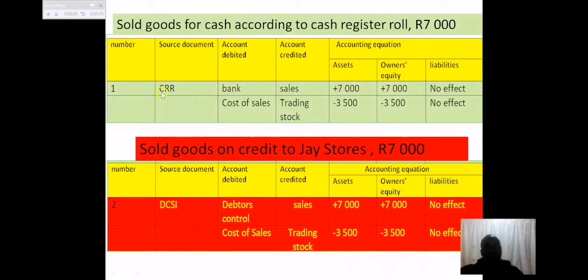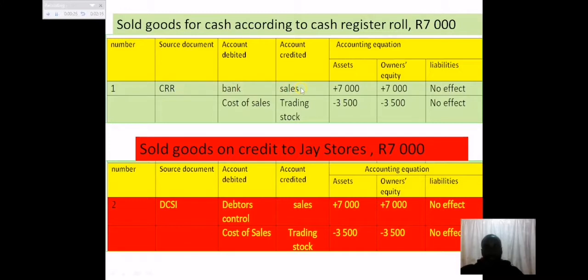Remember, the first part where we have to record is in the source document. So in the case of goods sold for cash, according to the cash register roll, that is CRR. Account debited: bank, because it is an asset that is going to increase.